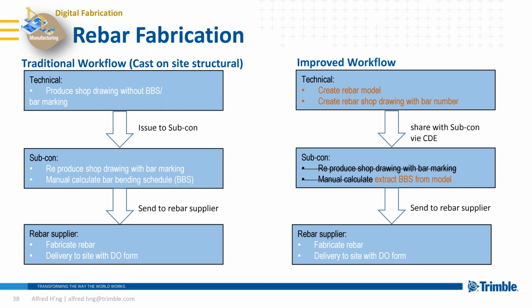At first, the rebar shop drawing needs to be created, and usually it comes without the bar bending schedule and without the bar marking. This drawing is passed down to the subcontractor, and it's a manual process of extracting information about rebar shape, number of bars, and rebar diameter. Then all of these are tabulated in a table and followed up by the rebar supplier on fabrication.